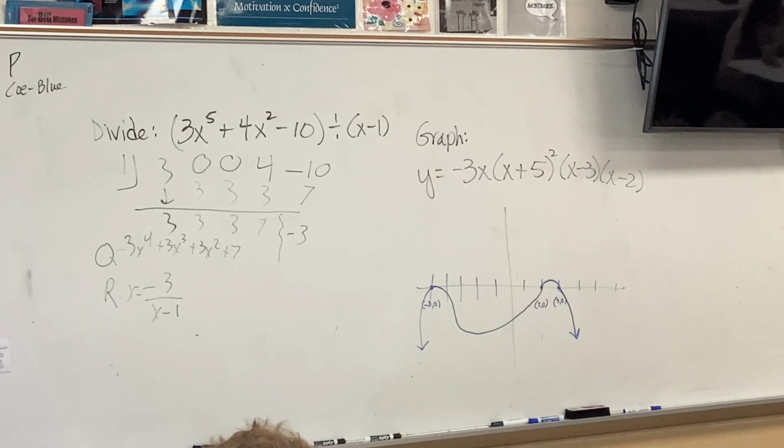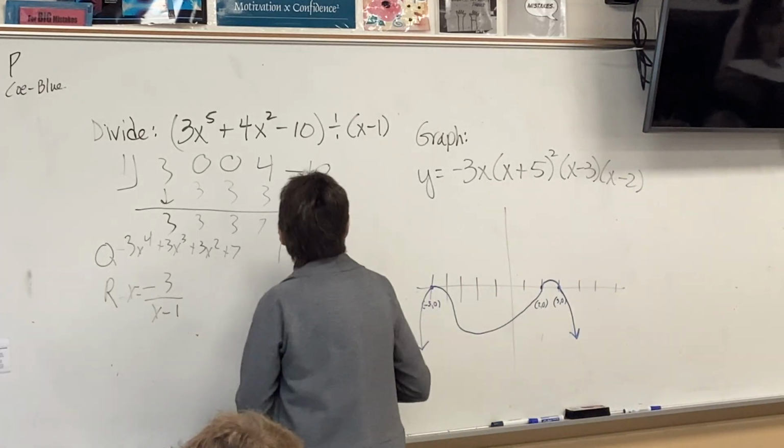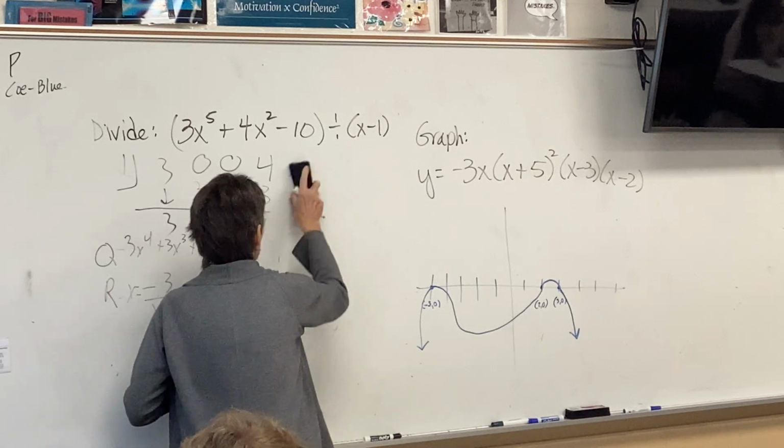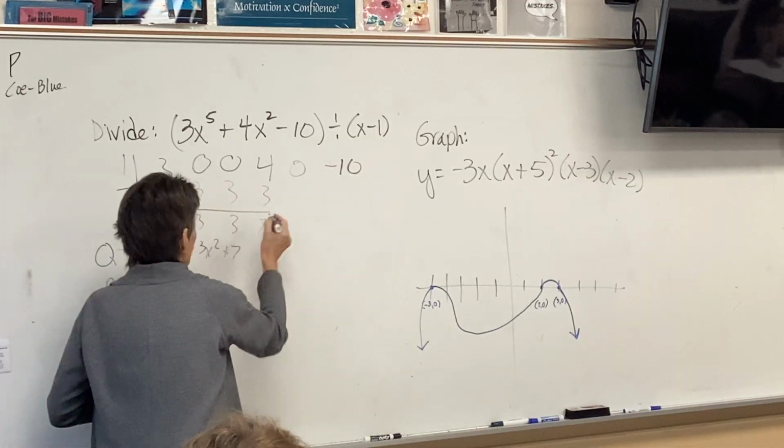Now, does anything about number 1 bother you? What bothers them? You forgot another 0 in there. After x squared should be a regular x. So we actually got another 0 in there before the -10.